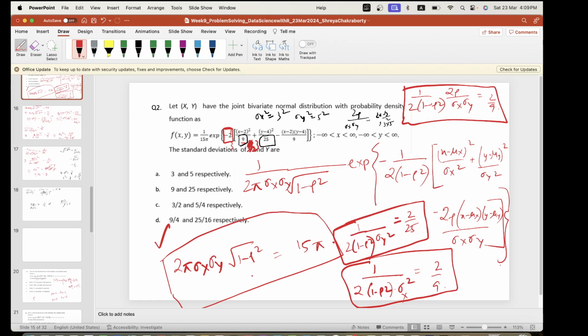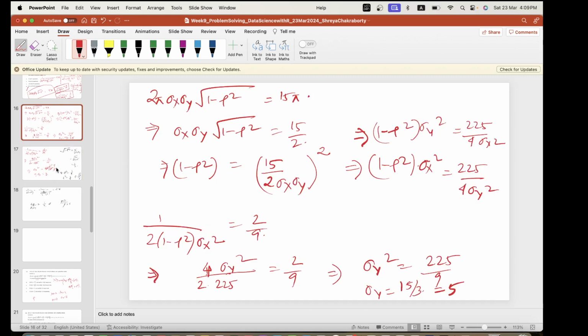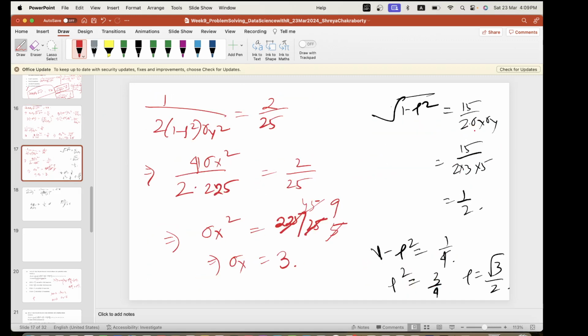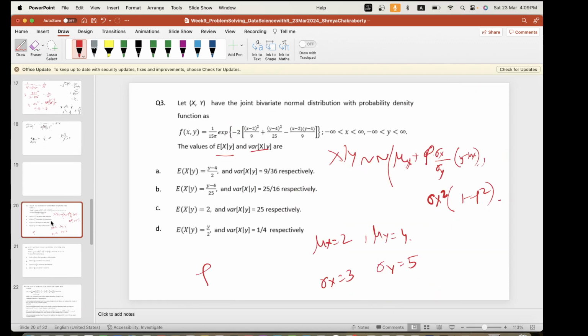So rho square would be 2 sigma x sigma y. Alright, fine. We'll see what happens.